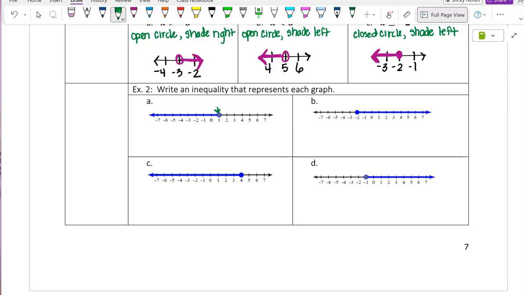Is that an open circle or a closed circle? So we have an open circle. And which way did they shade, to the left or the right? So it's shaded left. So open circle, I know I'm dealing with just greater than or less than. Which of those points to the left?